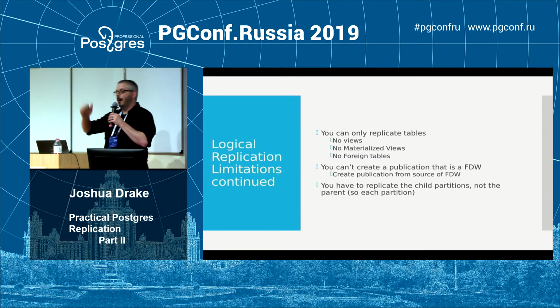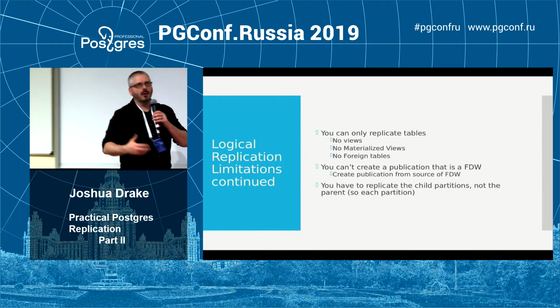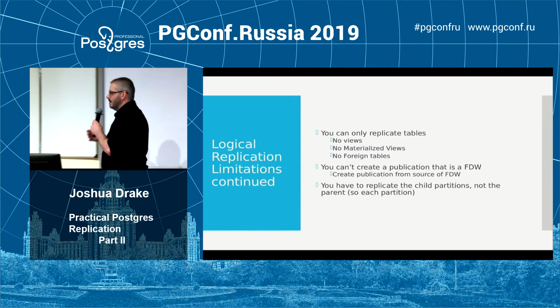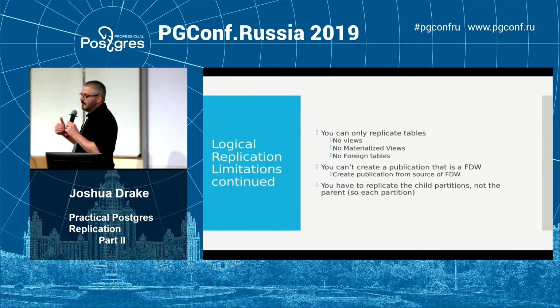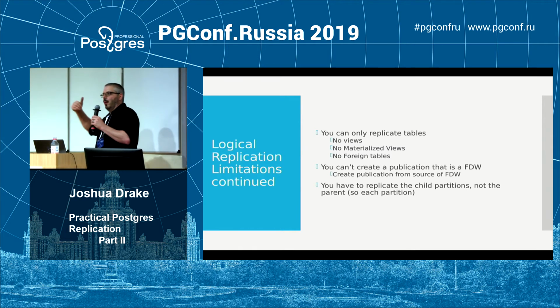Instead, you create the publication on the source of the foreign data wrapper. So if you need the data from the foreign data wrapper, more specifically, it's going to have to be Postgres, you need to make sure that you create a publication where the source of that is, to pull that data down.